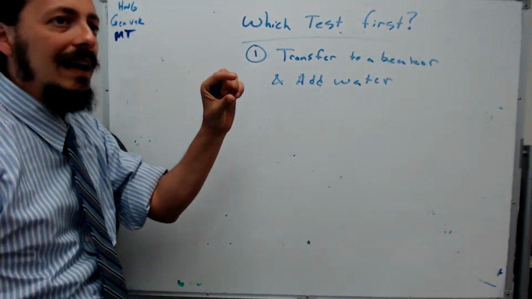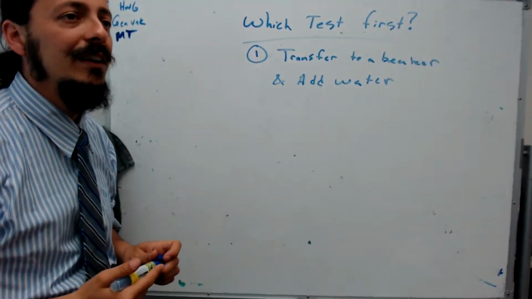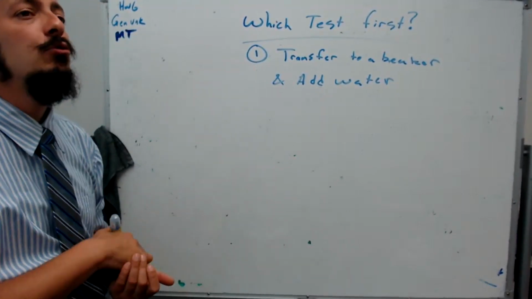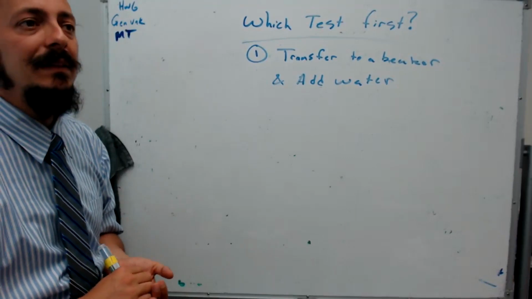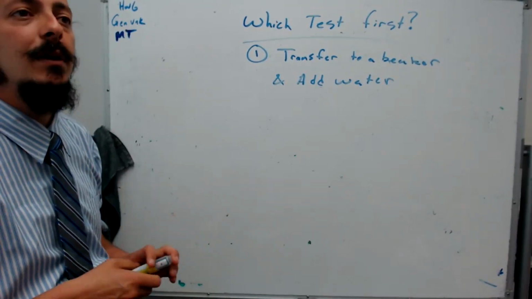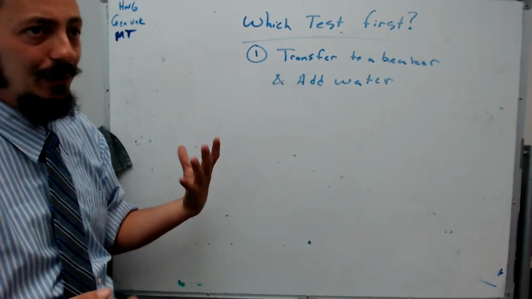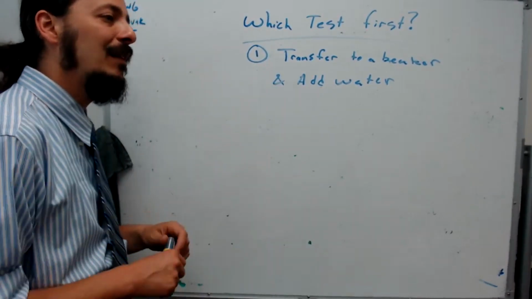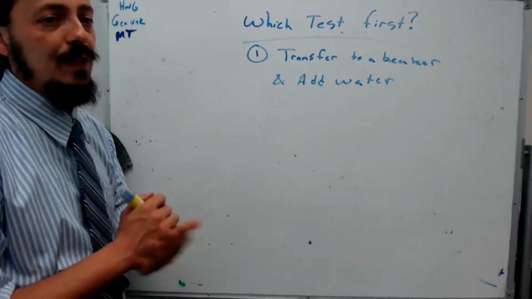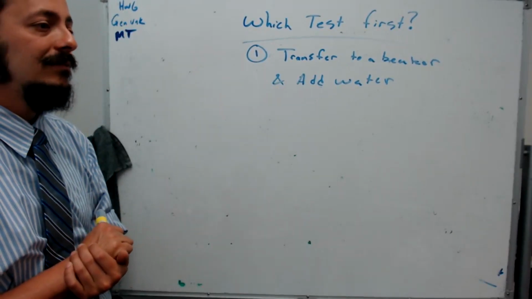Those little vials cannot hold 10 milliliters of water. And the directions say dilute your solid in about 10 milliliters and you'll get approximately the same concentrations you've been working with all quarter. So you want to transfer to a beaker so it can actually hold 10 milliliters and then add 10 milliliters. First thing, does it dissolve in water or not?